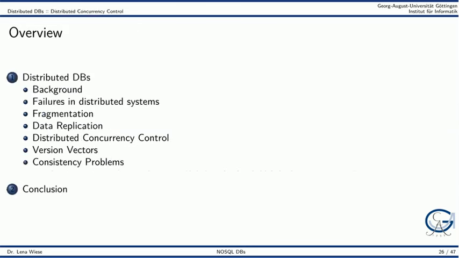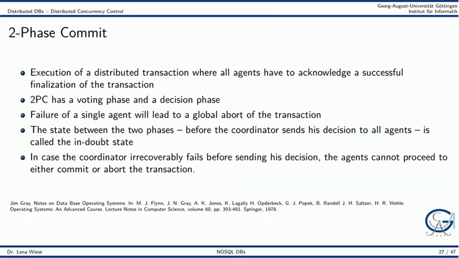replicas. A major problem in distributed systems is concurrency control. The two-phase commit protocol is used to finalize a distributed transaction between a set of servers called agents. The servers or agents have to participate in a voting phase and a decision phase.